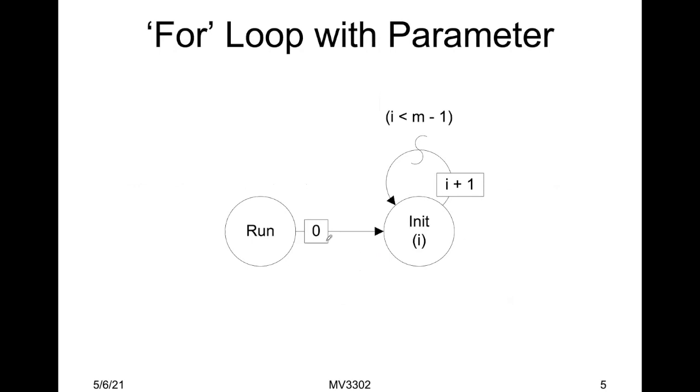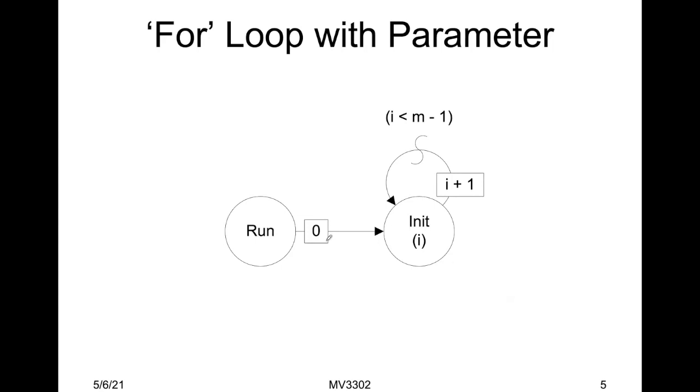Okay, so one of the simplest examples of this is a for loop. Now the thing is, in pure event graph methodology, the for loop doesn't exist. In other words, state transitions are just basic assignments.